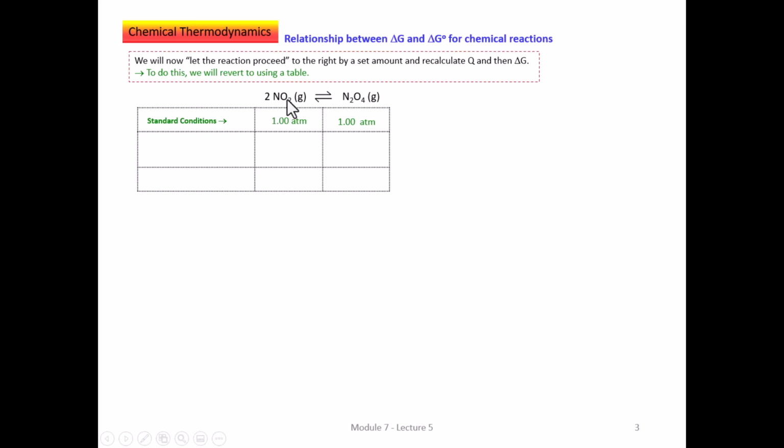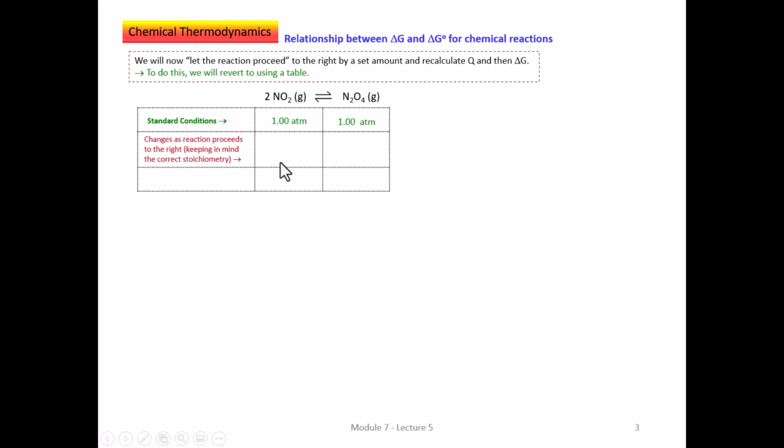Well, how do we know that? We know that it should, because the standard delta G is minus 5.4 kilojoules per mole. It's negative. That predicts that the reaction is spontaneous as written left to right. So we know that some NO2 is going to react to form N2O4.